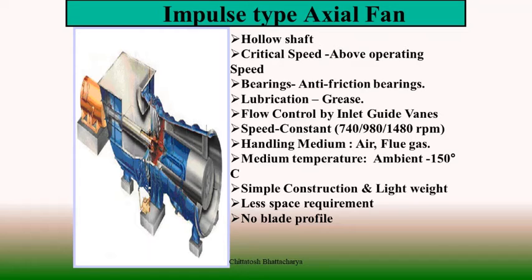Speed of the fan is generally fixed in case of FD fan and PA fan applications, and flow is controlled by discharge dampers and IGV. It can be placed in such a way that space requirement is less, and the blades are of constant thickness.